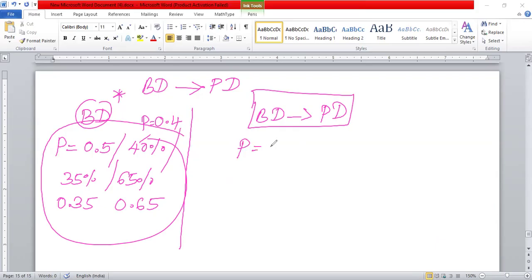The p-value should have a zero after the decimal, like 0.05. Look at that: after the decimal, one zero should be present, that is 0.05, and p is equal to 0.01, and p is equal to 0.03. So look at the differences. Here, after the point, there is no zero, like 0.4, 0.5, 0.35, 0.65.